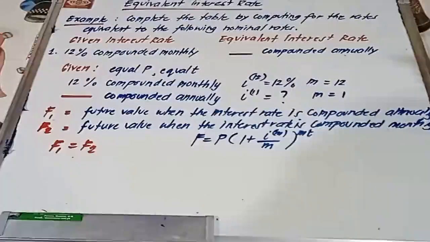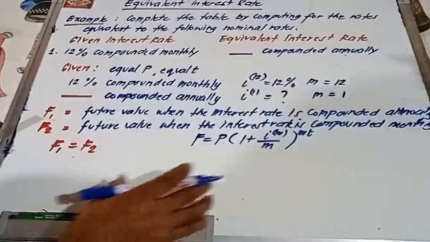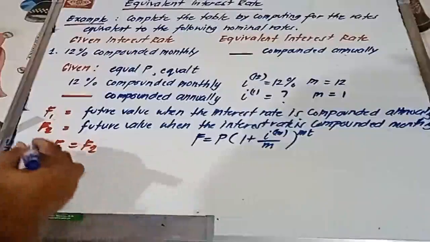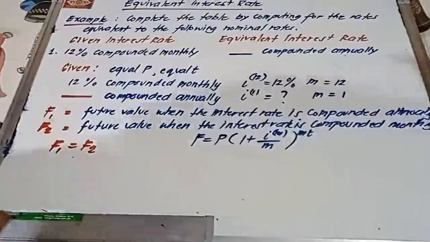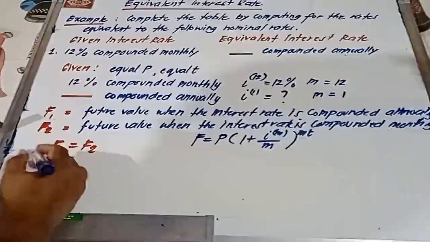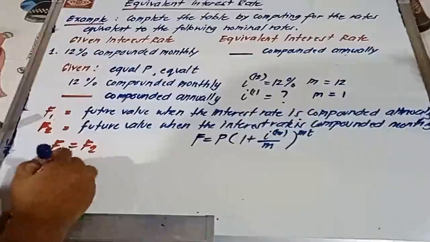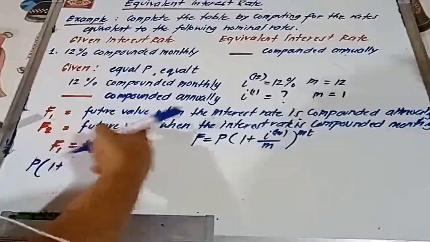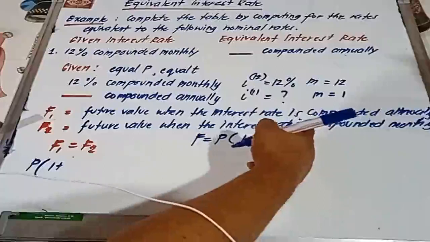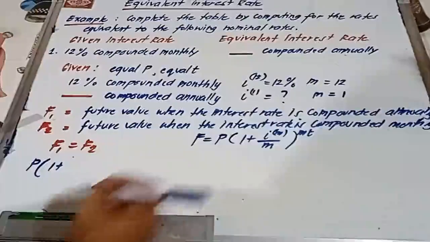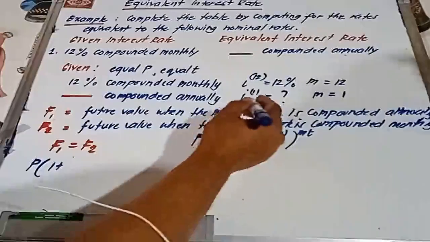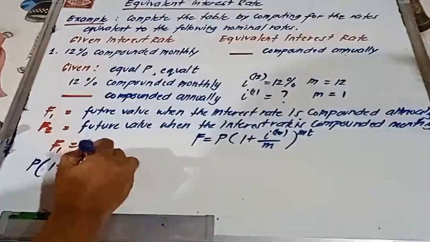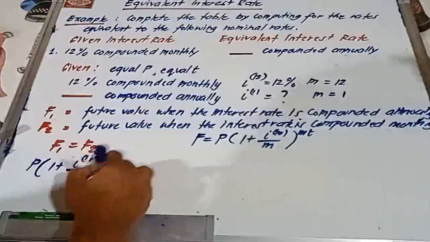So using this formula, we're going to apply this from this equation, F1, P is equal to P(1 + I), F1 future value nung compound ng interest rate na kung saan compounded annually. So ang I natin doon ay I to the 1 over 1 ang M natin.